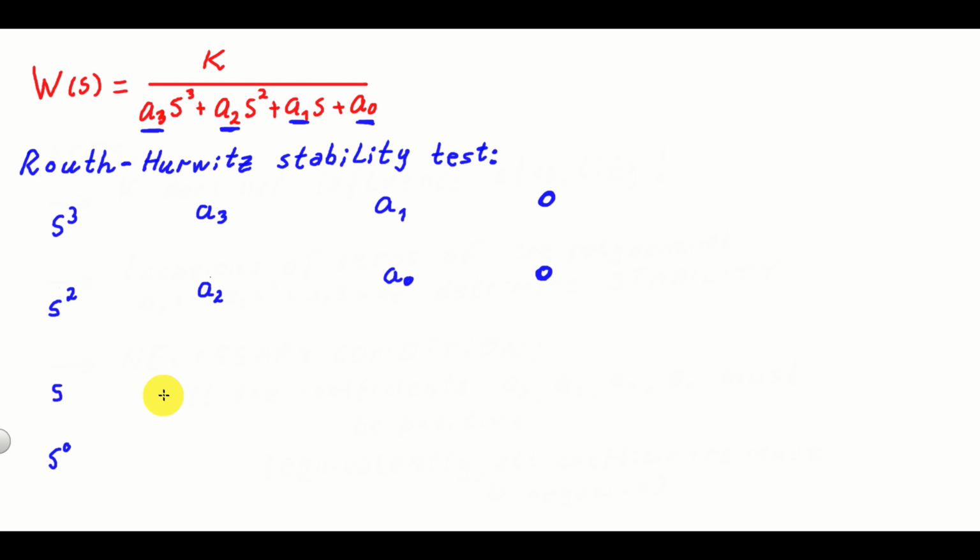Okay. All other rows of this Routh-Hurwitz table are constructed from the first two rows in a recursive manner. And let me explain that. The entry over here is actually constructed like this. It's a ratio of, in the numerator, we will have A2. Then, over here, I will have this determinant.